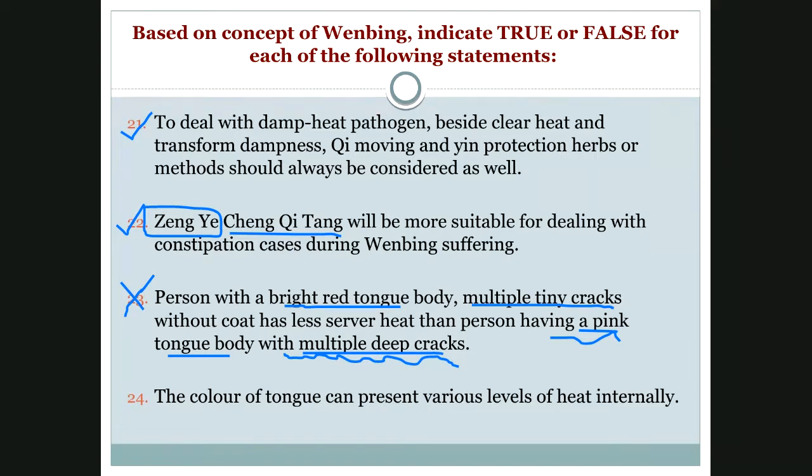Thank you. Number 24, the color of the tongue can present various levels of heat internally. It's correct. That's why in Wenbing, tongue differential diagnosis is very, very important. And in the future, if you're going to do telehealth, like naturopathy and homeopathy nowadays, they are starting clinic practice and telehealth practice.